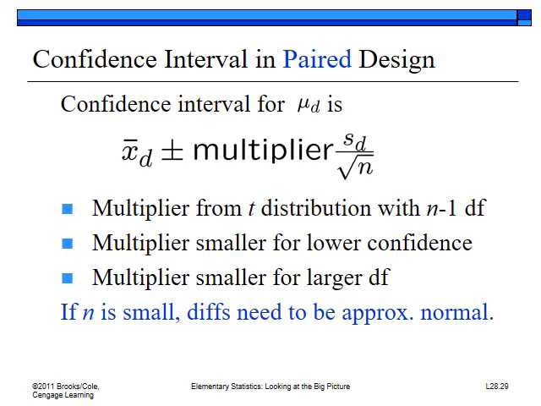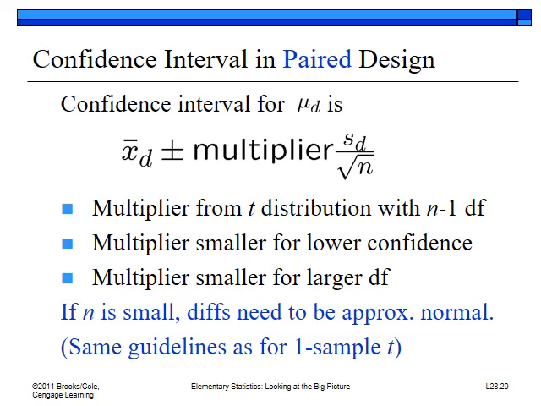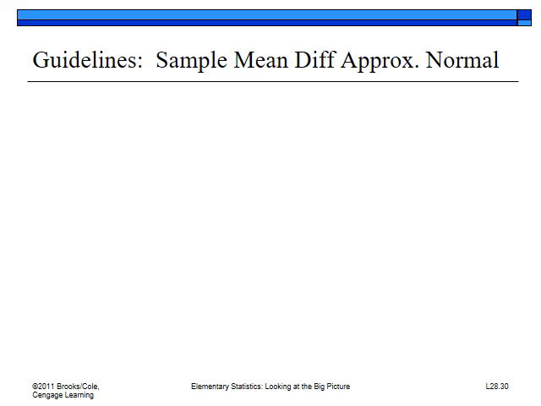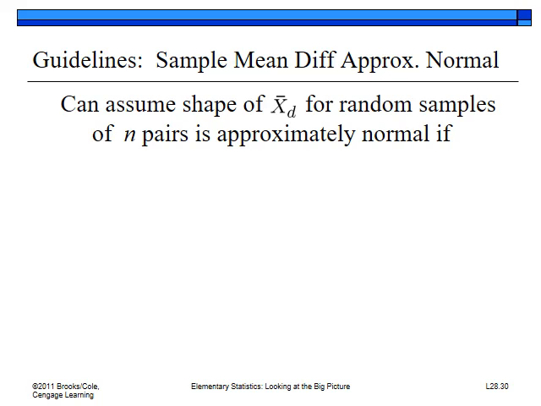If n is small, to compute this confidence interval, the differences need to be distributed approximately normally. This is exactly what we saw for the regular old one-sample t-test and t-interval. So we'll use very similar guidelines for when the sample mean differences are approximately normal.